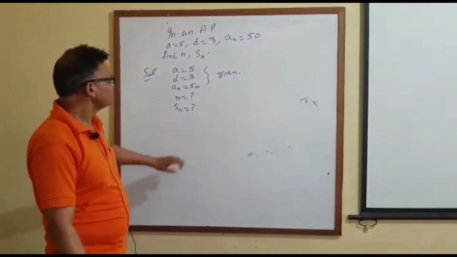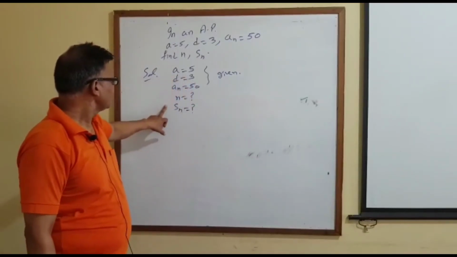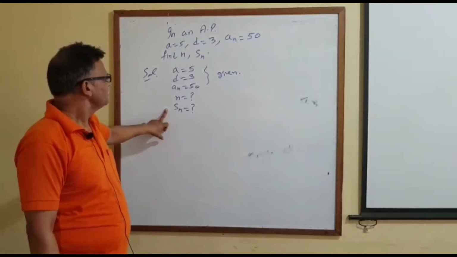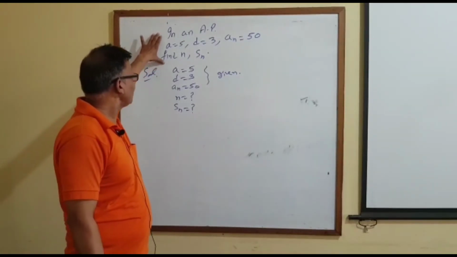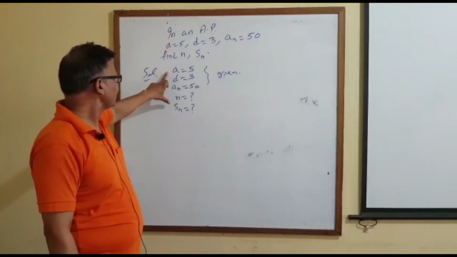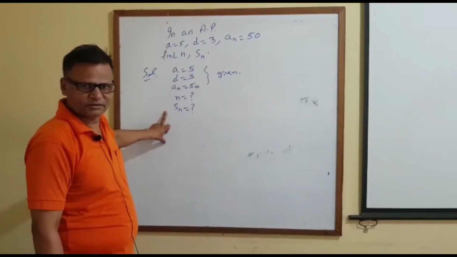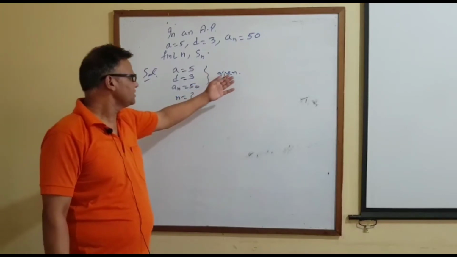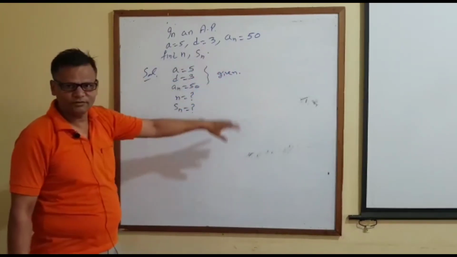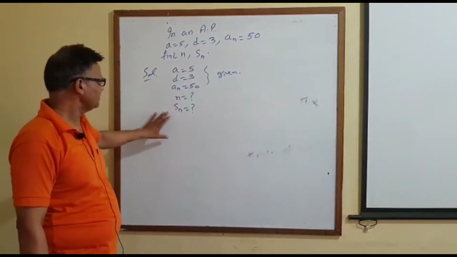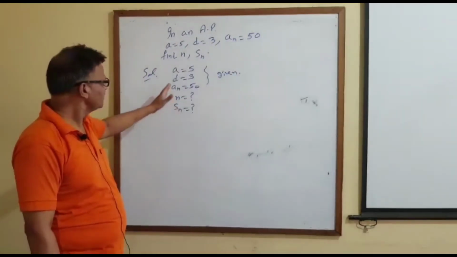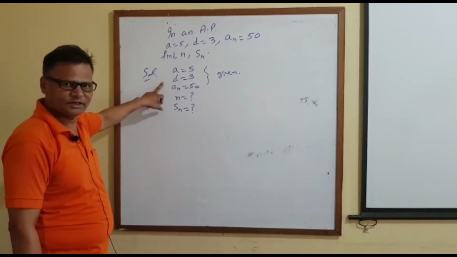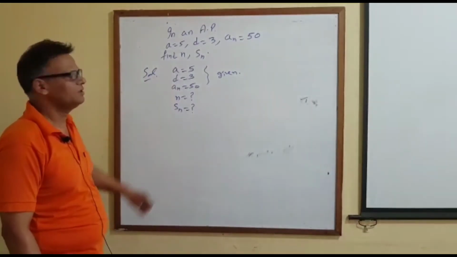So see, student, these things you have to write in your answer sheet. If you are not able to solve this problem, even then you can get 1 or 2 marks from this, because whatever is given and what has to be found, you have mentioned here. So please note, you have to write all these things, whatever is given and what is to be found.